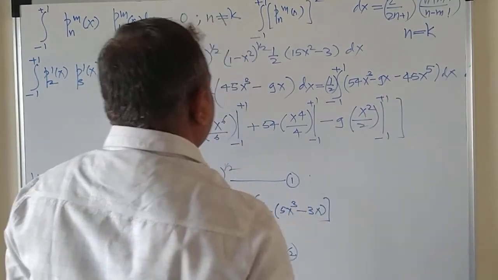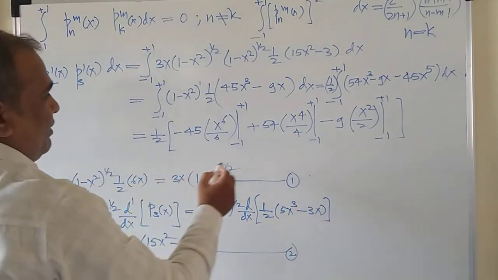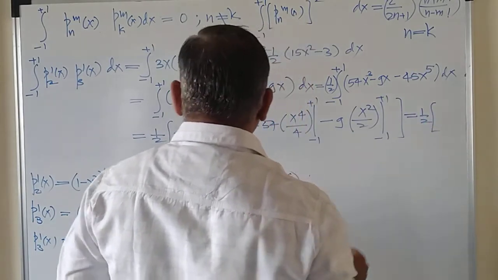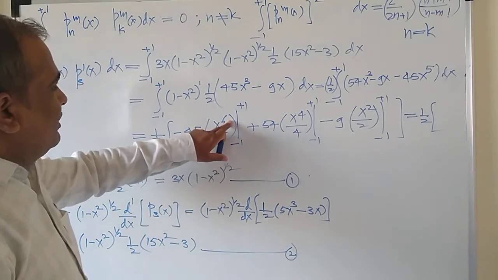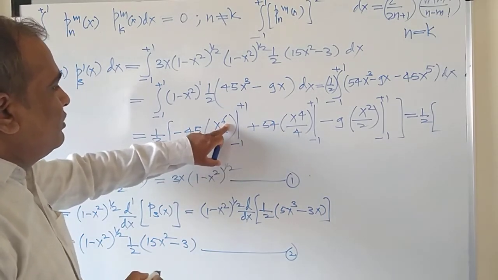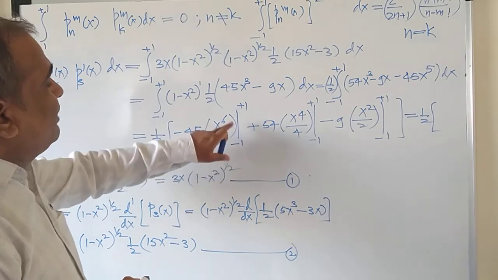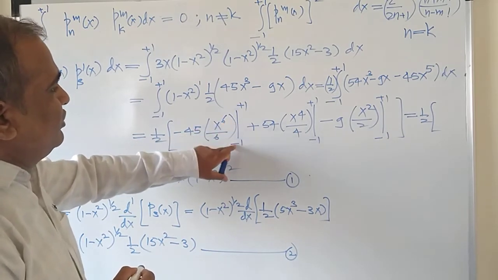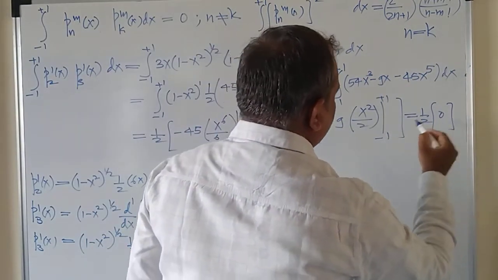Right? If you put the limits and evaluate, this will give you the 0 value. Why? Because the half will be as it is, and inside the bracket -45 by 6, x raised to 6, upper limit minus lower limit, upper limit is 1, so 1 raised to 6 is 1, minus -1 raised to 6 is 1 again, so 1 minus 1 is 0, because all powers are even, so this will give us a 0 value.